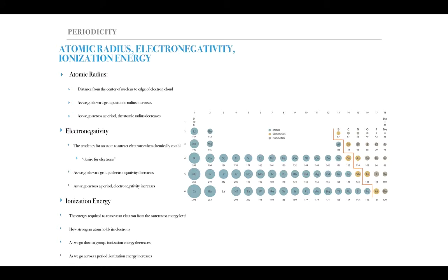As we go across, ionization energy increases because atomic radius is decreasing, so electrons are held on more tightly. In the picture of the periodic table, it clearly shows the different elements growing and shrinking in size. The biggest being cesium and the smallest being helium.